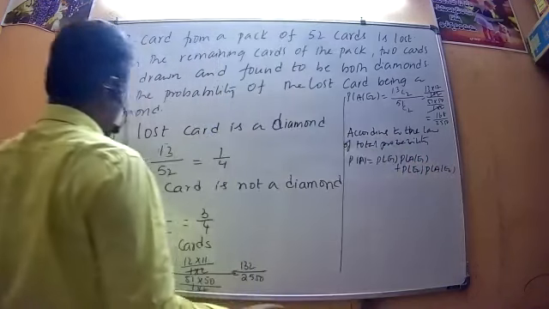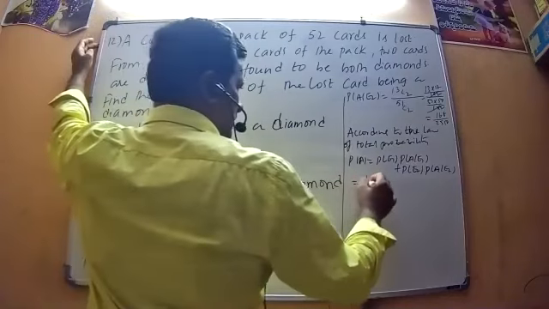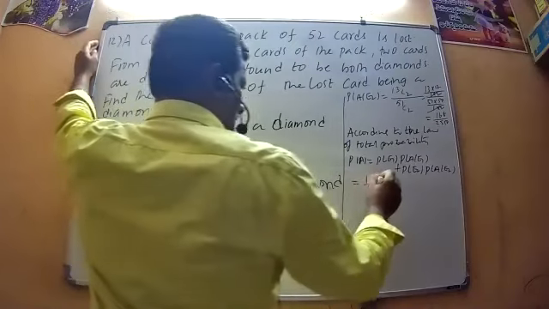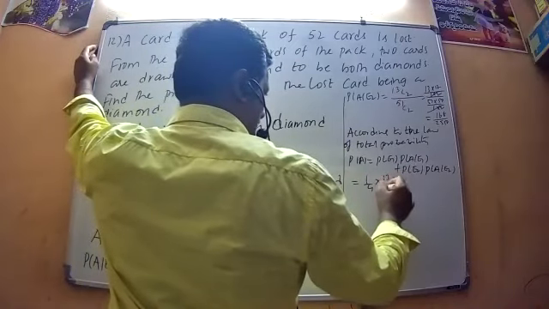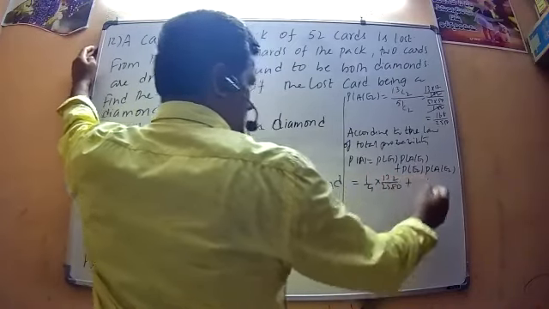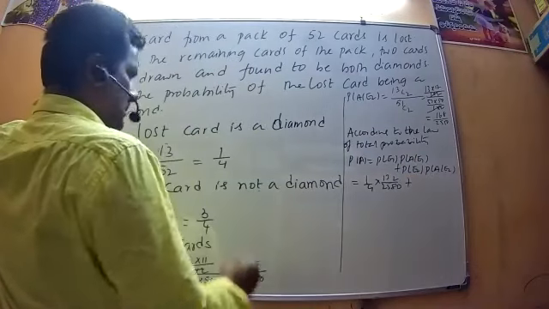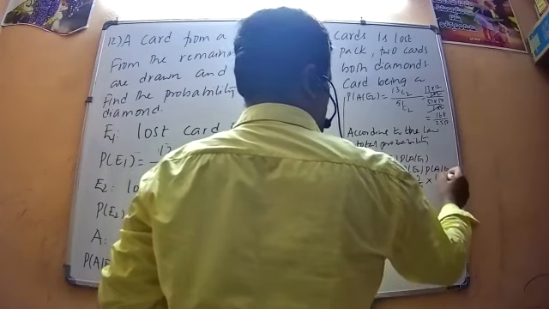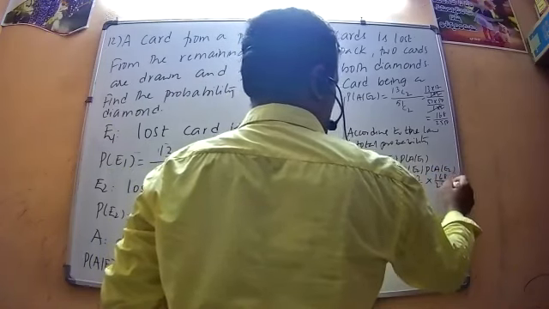What is P of E1? P of E1 is 1 by 4. P of A slash E1 is 132 by 2550 plus P of E2 is 3 by 4 into 168 by 2550.